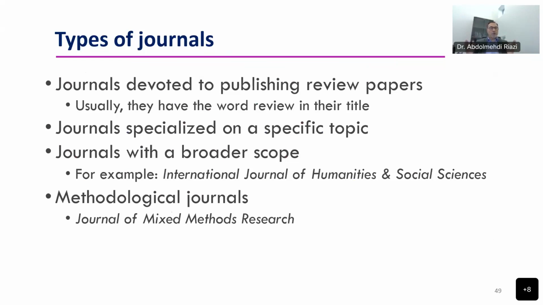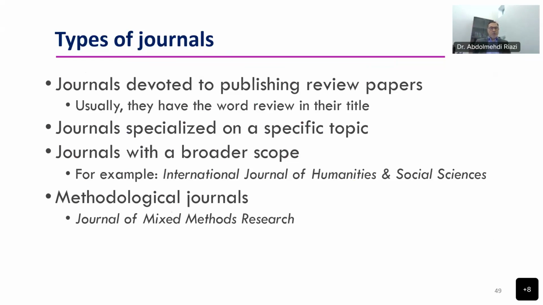So one type of journal in any discipline, including humanities and social sciences, is the review journal, and if we want to find some of these review journals, we can just search in Google, for example, for a review in humanities and social sciences, and then we can come up with some of the journals. But we can also learn from our friends and our more experienced colleagues like supervisors, and maybe our library can be helpful in this regard as well.